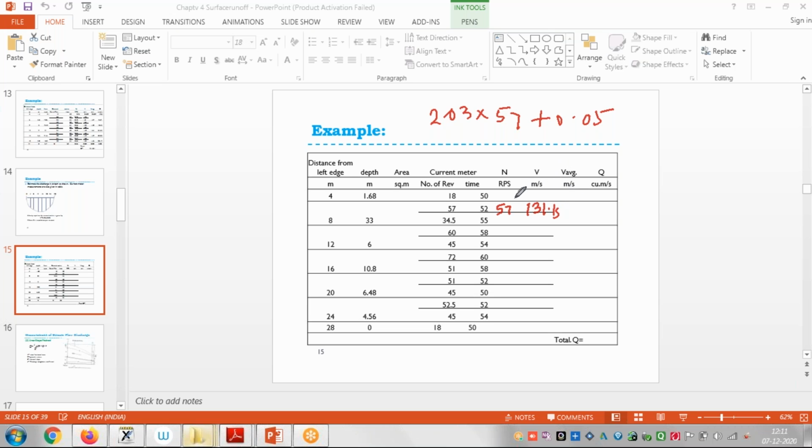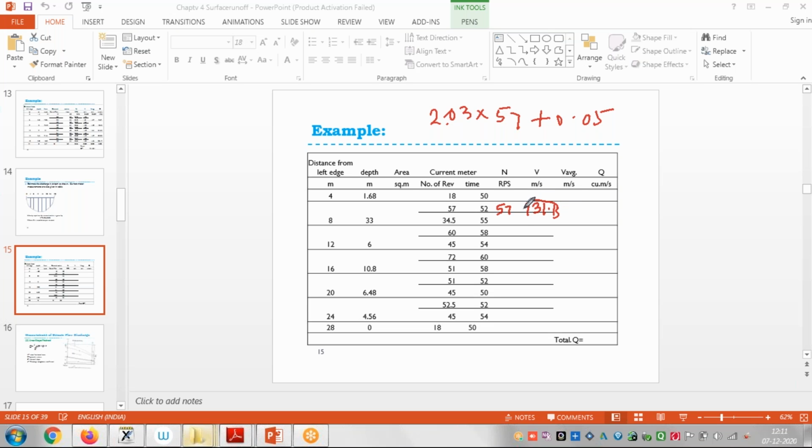Now, just please check your calculation. Is it okay? 2.03 multiplied by 57 plus 0.05. 115.76. Correct.